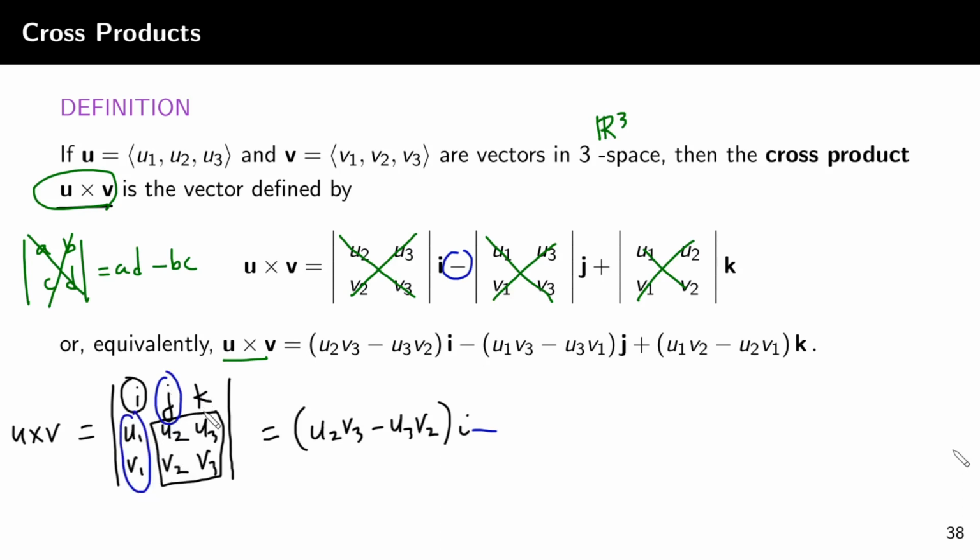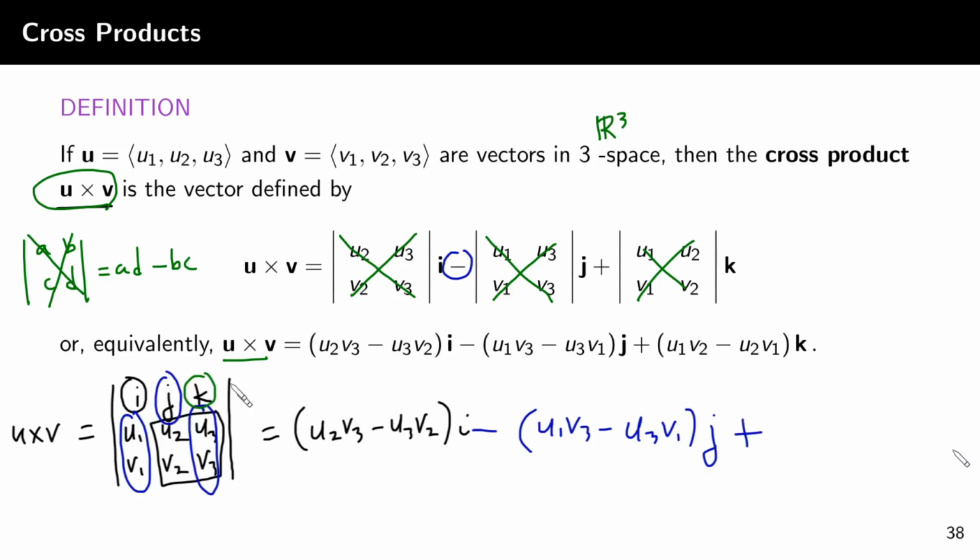Ito. And notice, yung 2x2 array na nasa definition natin, u1 times v3 minus u3 times v1. And then times j.